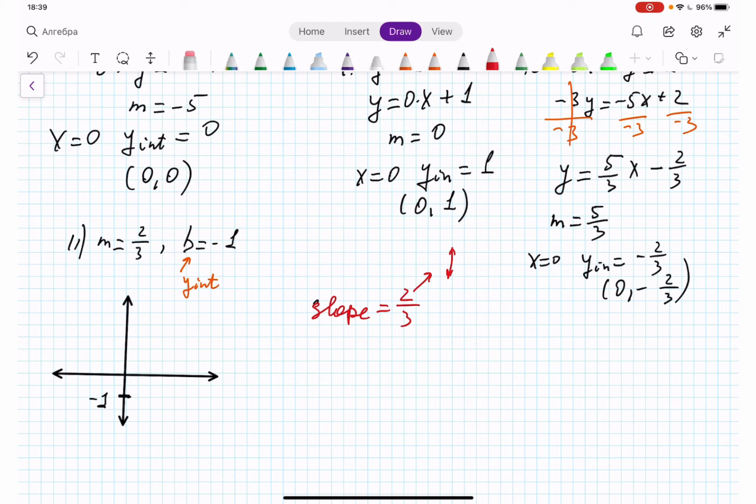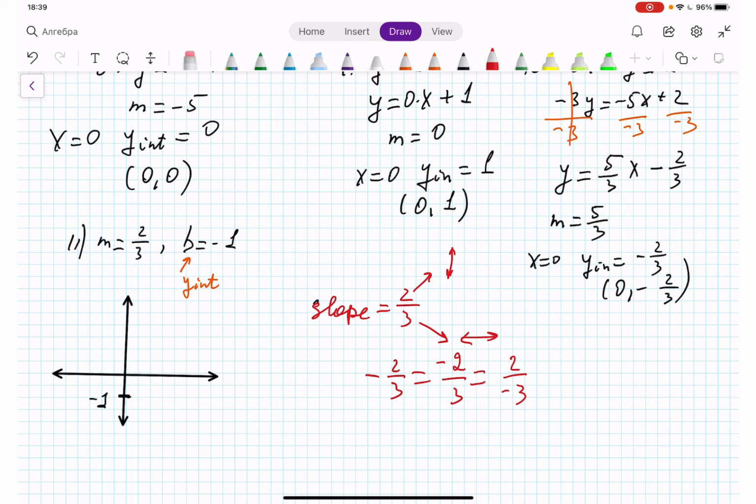If positive it goes up, if it's negative it goes down. And the 3 is running horizontally. Now, if you have, let's say, negative 2/3, you can take either negative 2 over 3, or you can take 2 over negative 3. Doesn't matter at all. Okay?